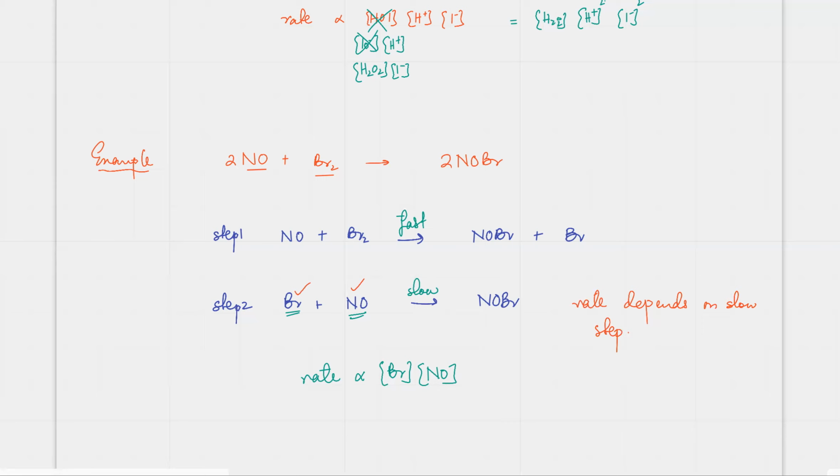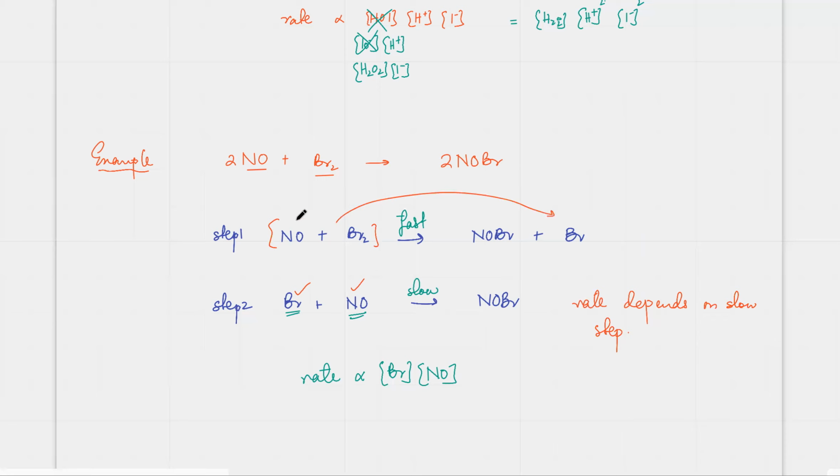Now, yesterday we did discuss intermediates. I told you that when I say that rate depends on BR and NO, if you focus on BR, BR is not your reactant. I mean, BR2 is your reactant, but not BR. BR was made in the previous step. And BR's concentration depends on the concentration of these two things.